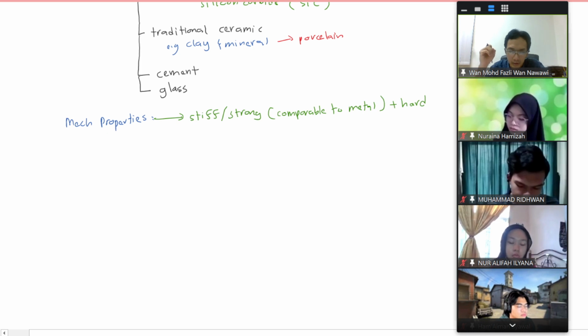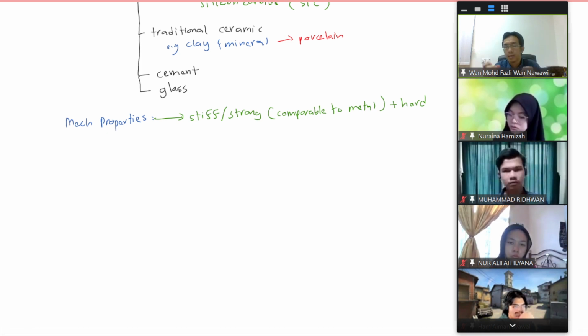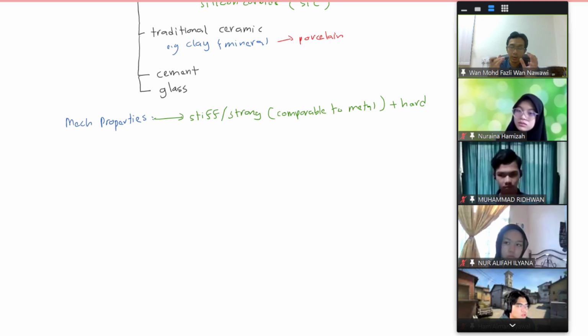And historically, ceramic is very brittle. Long time ago, when people made ceramic, like the potter and so on, it was extremely brittle. But nowadays, they are perfecting the thing, adding here and there, so now the ceramic becomes stronger and stronger. It's brittle, but still it's not as brittle as before.